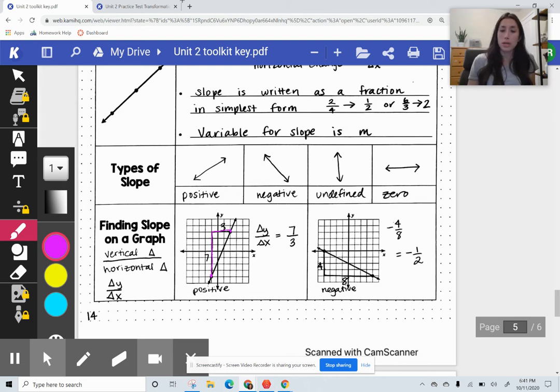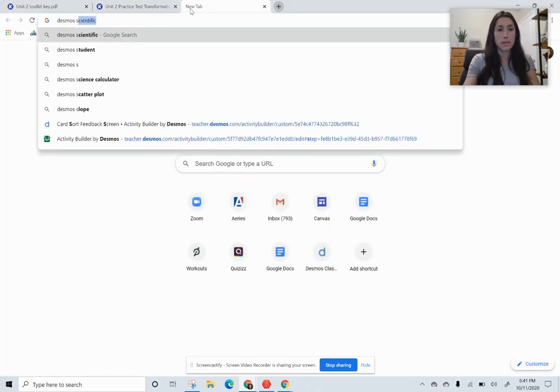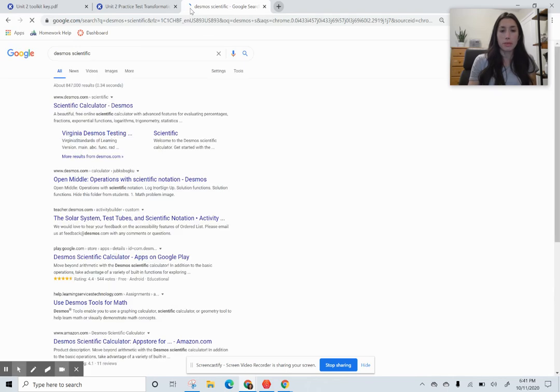Okay, so here, if you notice on our negative slope, we went down 4 to the right 8. That's negative 4 over 8, and we would want to simplify that to negative 1/2. Now, I'll show you really quickly a great tool, the Desmos Scientific Calculator.